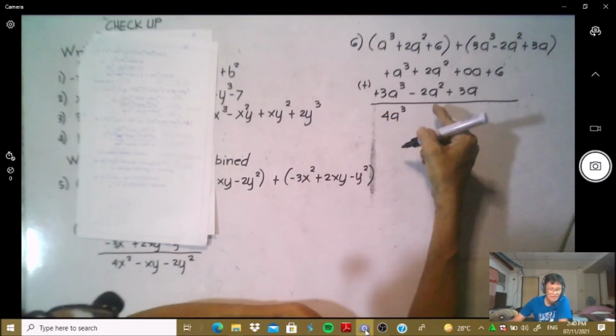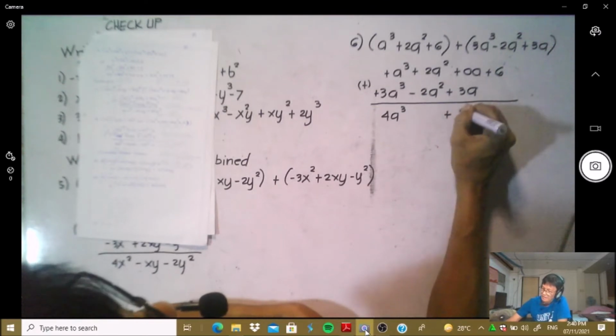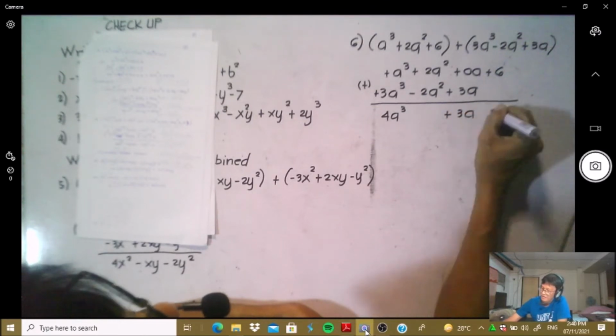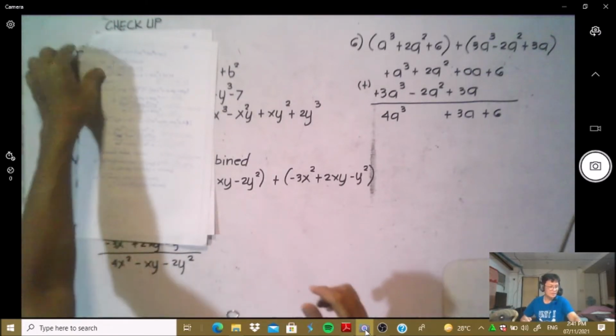Then we can cancel this out. So plus 3a, then plus 6. Okay, so that is already our answer. Then now, let's proceed to subtraction. So I will erase our handwriting.